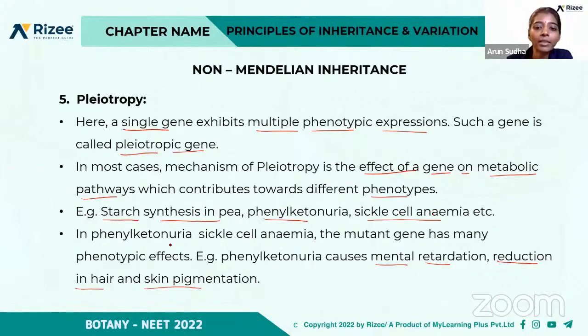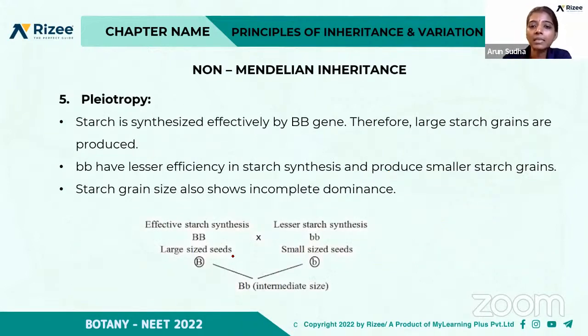In the case of phenylketonuria and sickle cell anemia, the mutant gene has many phenotypic effects. For example, phenylketonuria causes mental retardation and also reduction in the hair and skin pigmentation. But if you take the synthesis of starch in pea, starch is synthesized effectively by homozygous dominant BB.